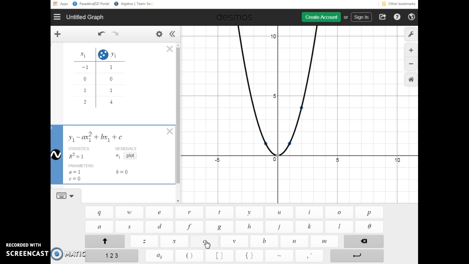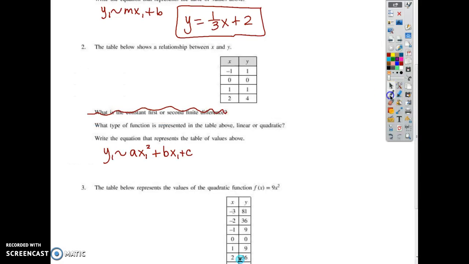Okay, so now we gave you an A, a B, and a C. The B is 0, that means there is no x. And the C is 0, that means there is no constant. So the only thing I'm worried about is that 1, and it's going to be 1x squared. So the equation for problem number 2 is y equals 1x squared. Okay? So again, this one was quadratic, and the equation is y equals x squared.